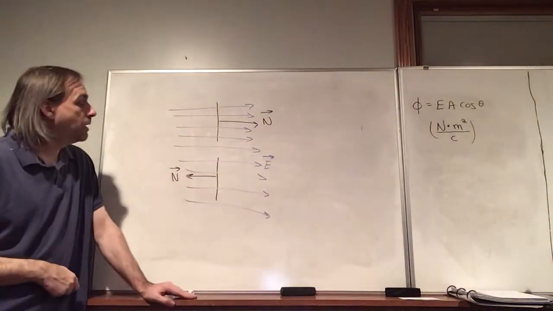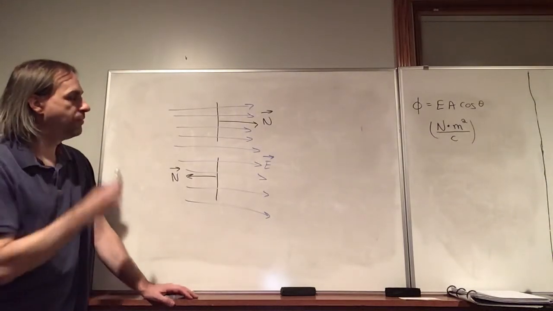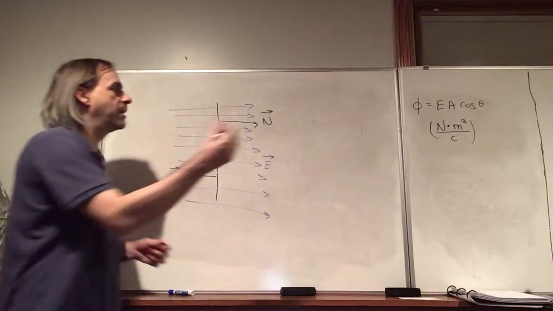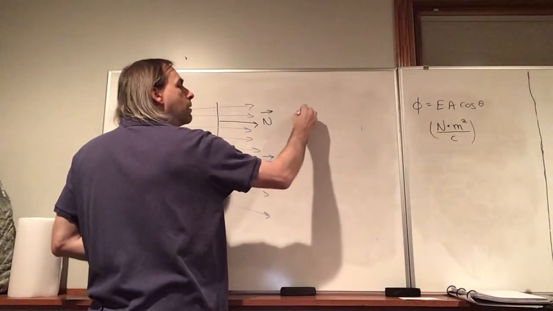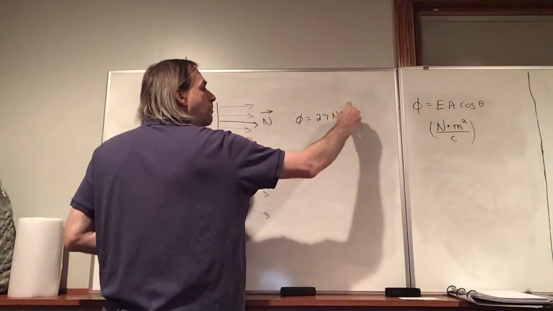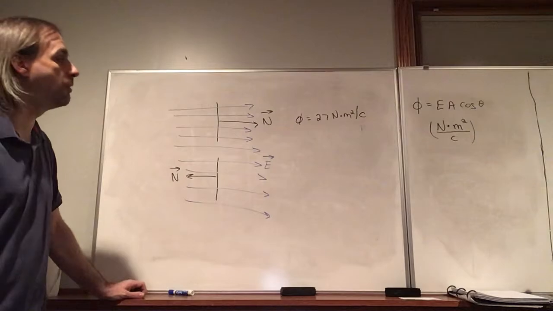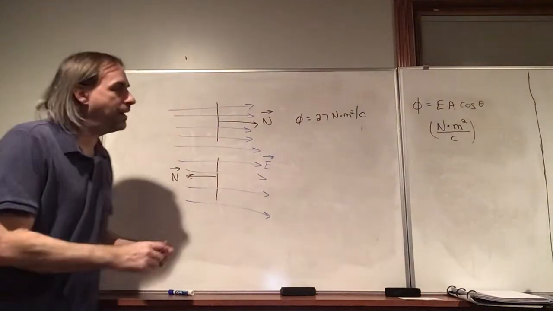Okay. So let's say, for example, that the flux through this surface, I'll just make up a number, was 27 Newton meters squared per coulomb. Those are the basic SI units.